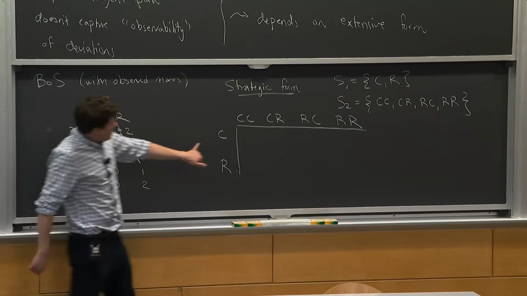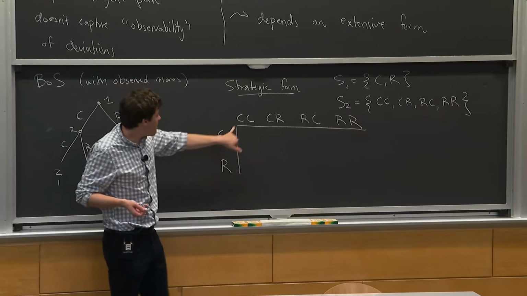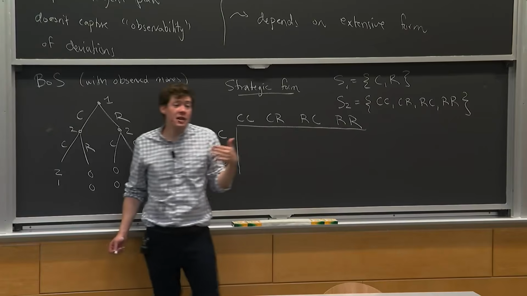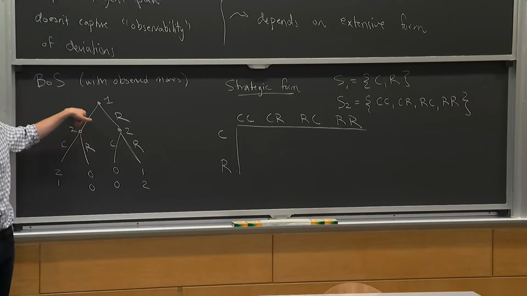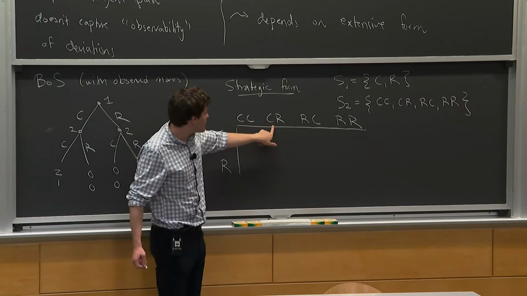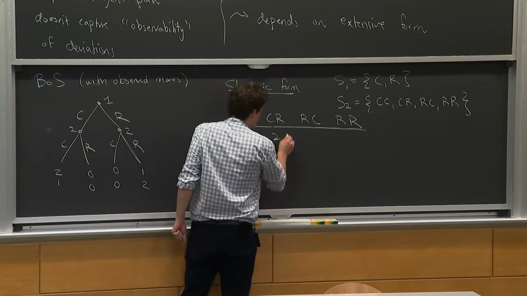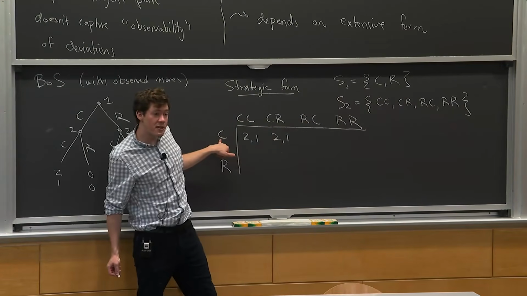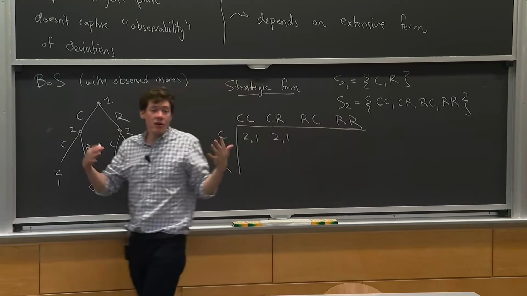If player 1 goes to the Celtics game, what matters is the first entry of player 2's strategy, because the first entry precisely says what player 2 does after they observe that player 1 goes to the Celtics game. So under these two strategies, they go to the Celtics game as well, and therefore the payoff is 2-1, 2-1. Under either of these strategies, player 1 goes to the Celtics game, but player 2 responds by going to the Red Sox game. They're not at the game together, and they both get a payoff of 0.